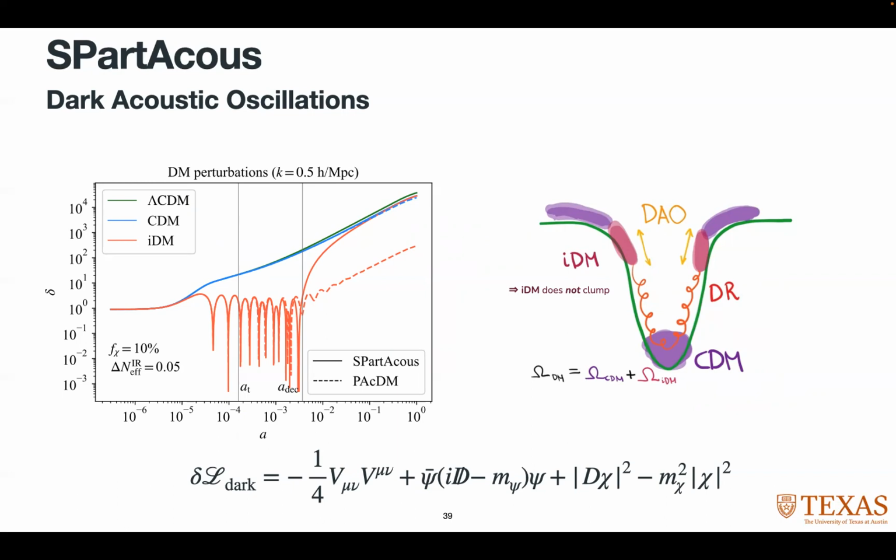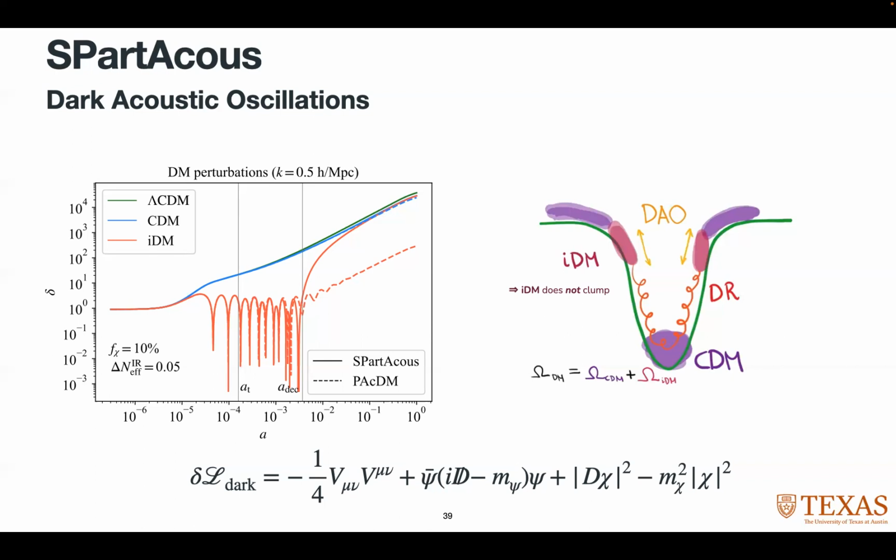As you can expect, the ΛCDM line has more clumping. There are more matter fluctuations, and it's hard to see, but this solid line is a little bit higher than PAcDM. So this SPartAcous model gives you less matter fluctuation because there is pressure caused by that acoustic oscillation.